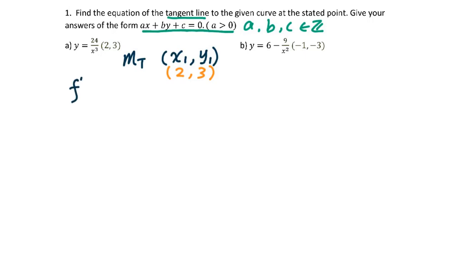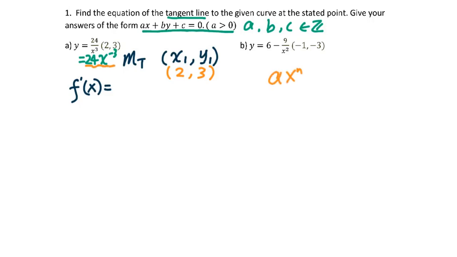How do you get the slope of a tangent line? You have to figure out the gradient function first. So, for the original function, you need to change it into a single power. That is 24 times x to the negative third power. Therefore, when you do the derivative, drop down the minus 3.